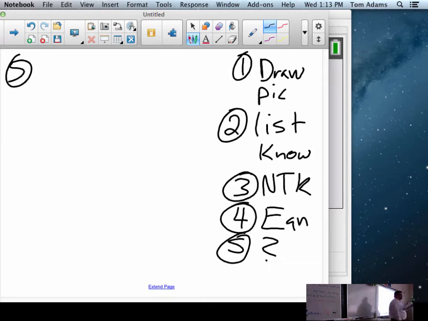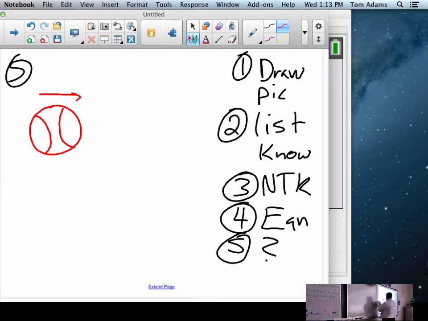Okay? So I read it, and I'll read it again one more time, a 0.15 kilogram baseball is traveling with a horizontal speed. So I have a baseball, and it is traveling with a horizontal speed. Now the mass of this baseball is 0.015 kilograms.